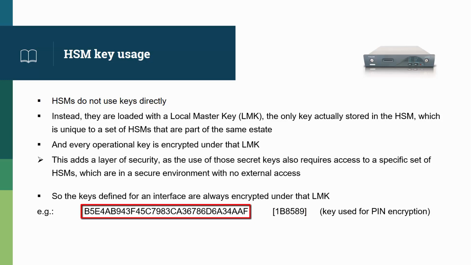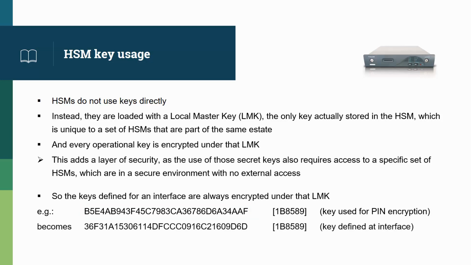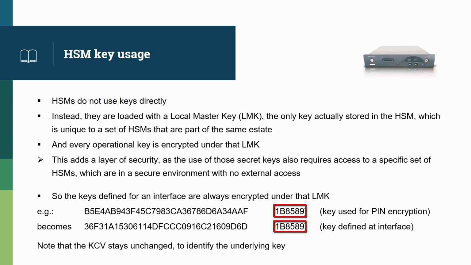This is the actual value of the key, which is usually referred to as the cleartext value. But the value that the operator will set on the interface is the key value encrypted under the LMK, as we are showing now. Note that the KCV stays unchanged to identify the underlying key.